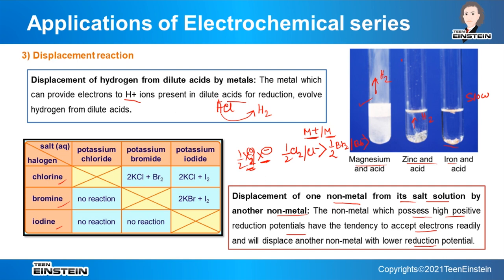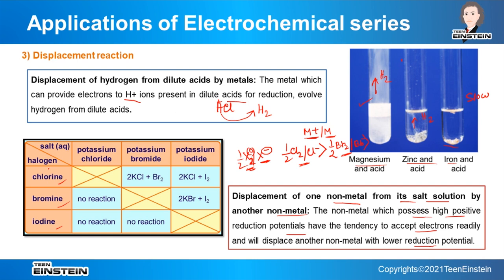That means chlorine can oxidize bromine and iodine. Actually it can oxidize Br minus and I minus, but if we take bromine, it cannot replace chlorine because it has a lower reduction potential value.